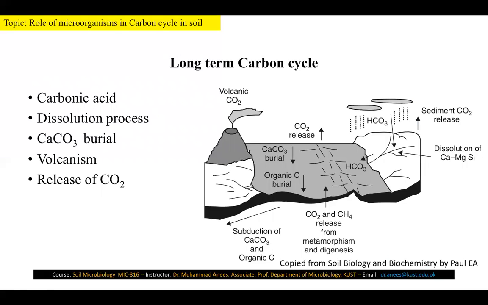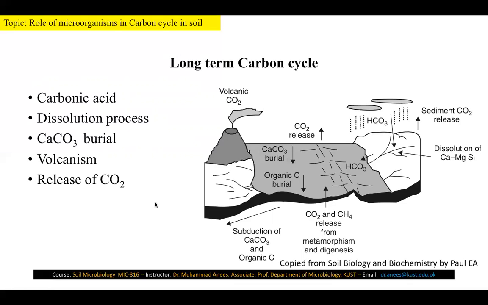I describe again how the long-term carbon cycle functions. It starts with making carbonic acid that dissolves the rocks, and then these bicarbonates along with calcium flow into the oceans, where calcium carbonate burial takes place along with some organic material.